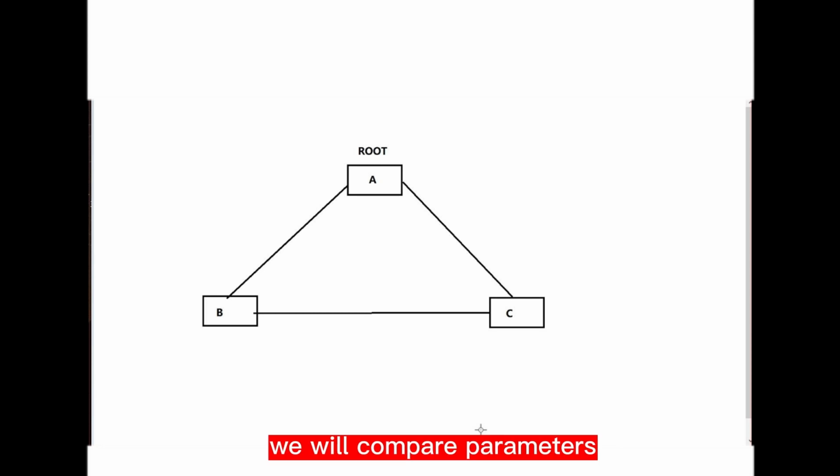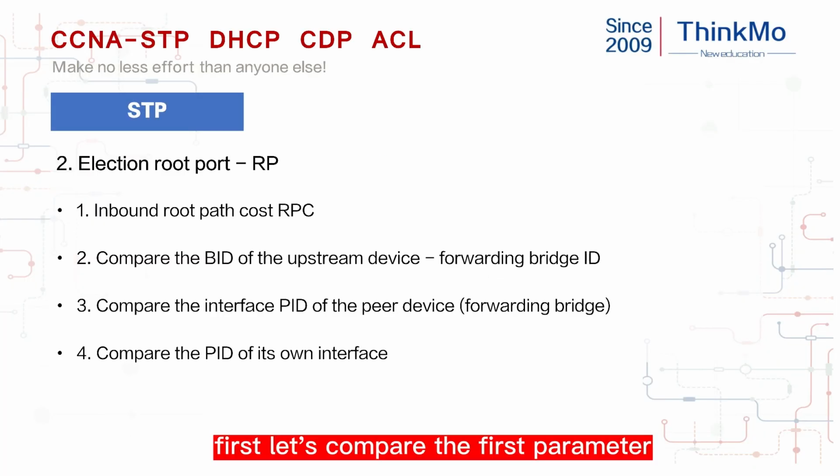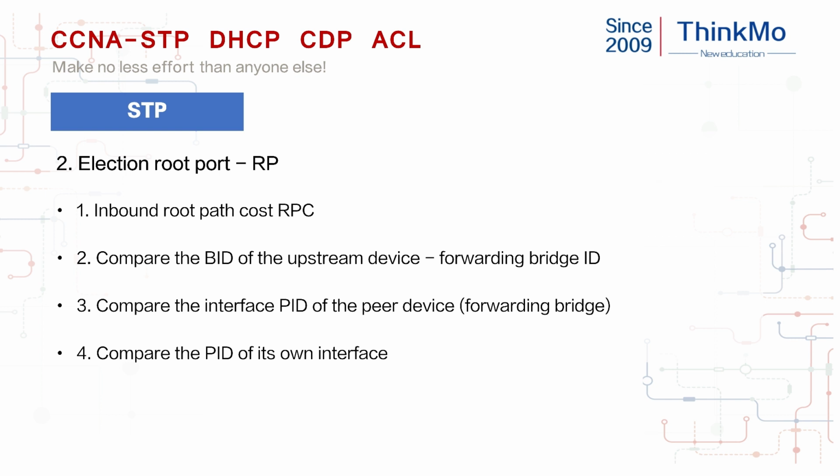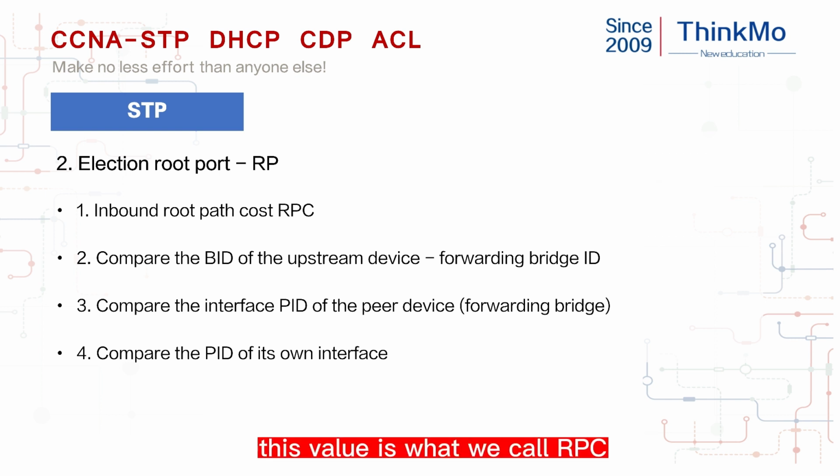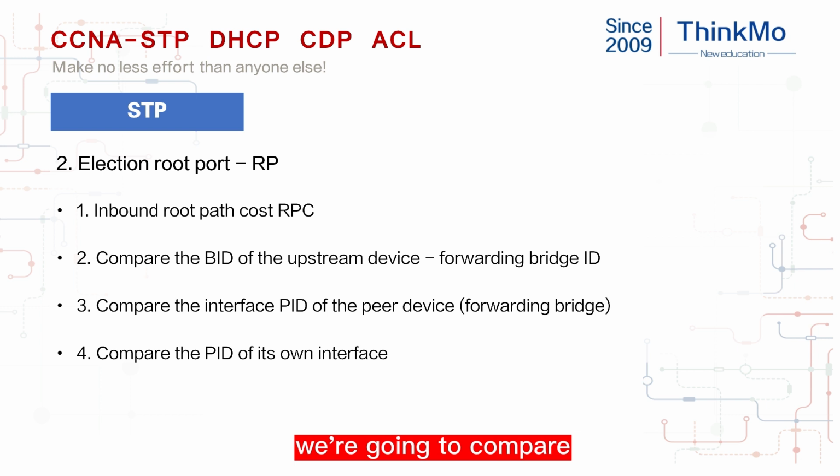We will compare parameters. First let's compare the first parameter. It is called the root path cost in the inbound direction. This value is what we call RPC. Is the root path cost. We're going to compare. The smaller the comparison value, the better.